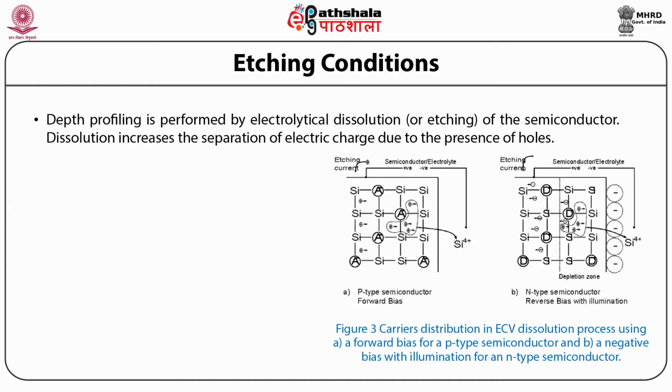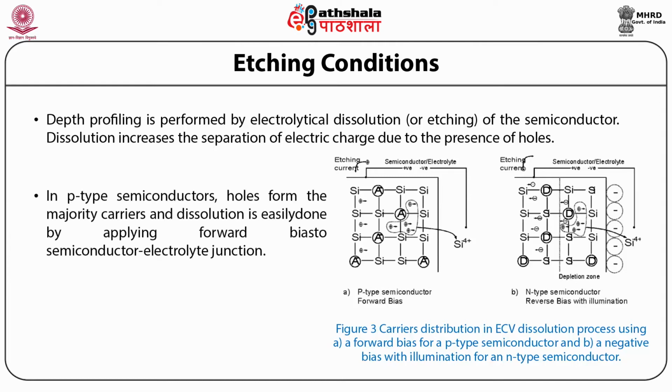Dissolution increases the separation of electric charge carriers due to the presence of holes. In p-type semiconductors, holes form the majority carriers, and dissolution is easily done by applying forward bias to the semiconductor electrolyte junction.